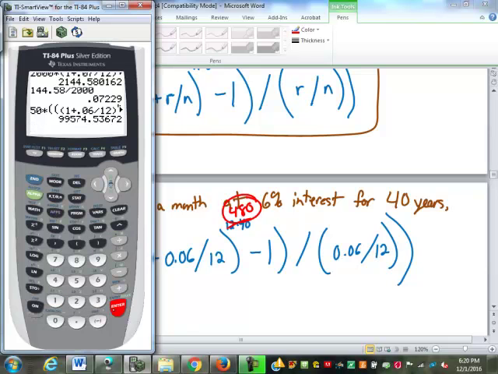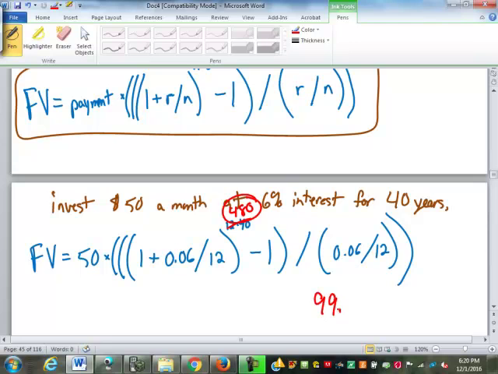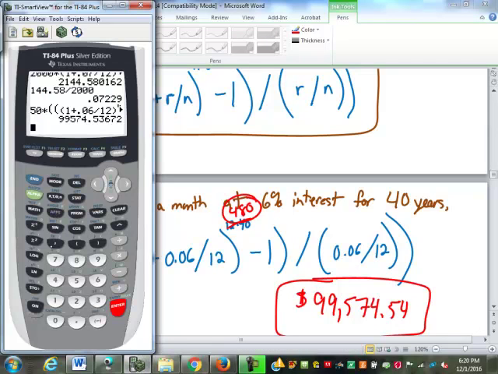We would end up, with $50 a month for the next 40 years at only 6% interest, with $99,574.54. So only $50 a month would give you $100,000 in retirement. That's only 6% interest. What if you do that a little smarter and get 10%?